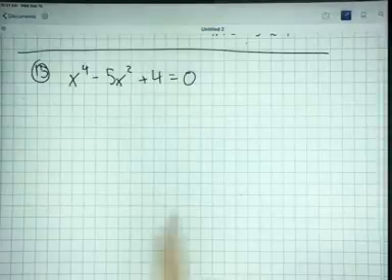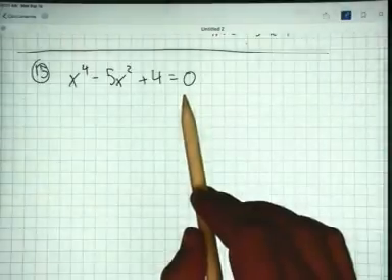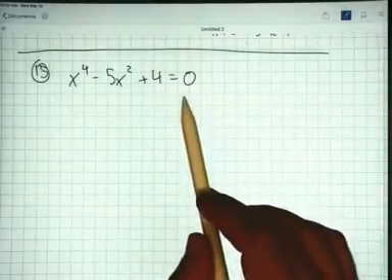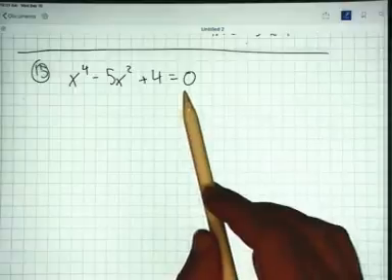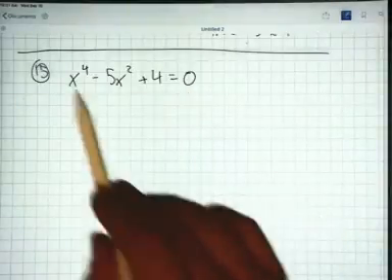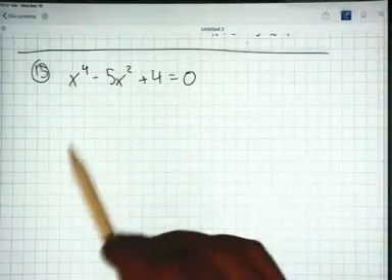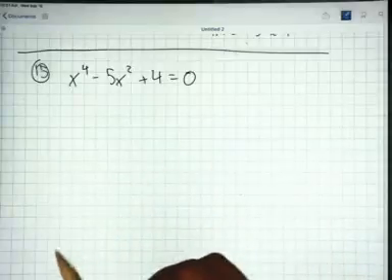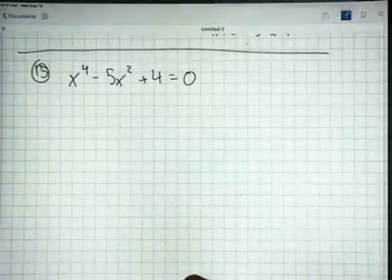So it's already telling you that this is a quadratic type equation. If you watch the lecture videos, you know that to solve a quadratic type equation, you use a substitution. But I want to backtrack just a moment.